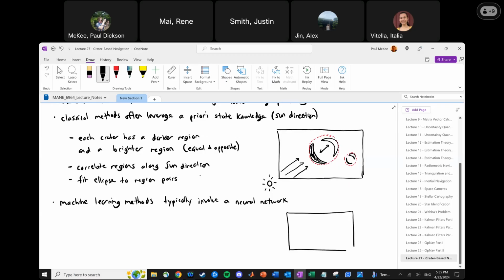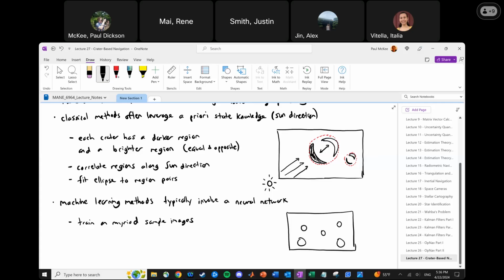But so the general procedure is something like train on myriad sample images, and, well, that's basically it. So you've got a whole bunch of images of craters. And let's say you've got a picture of the moon that looks like this, and you got some bigger craters and some smaller craters.